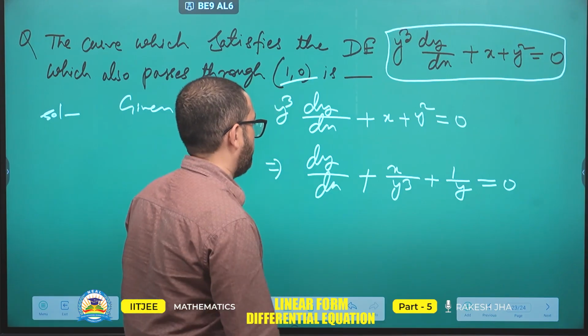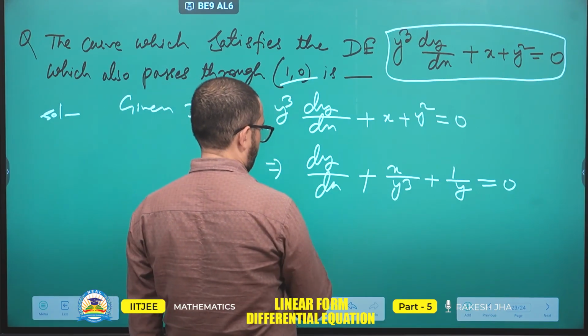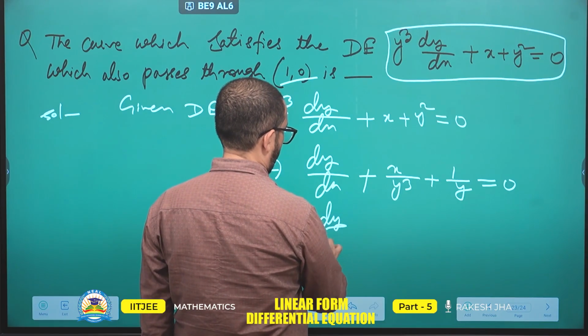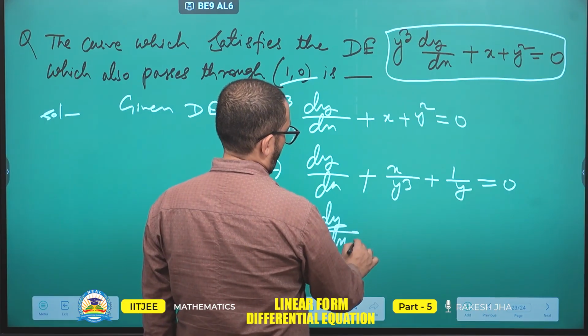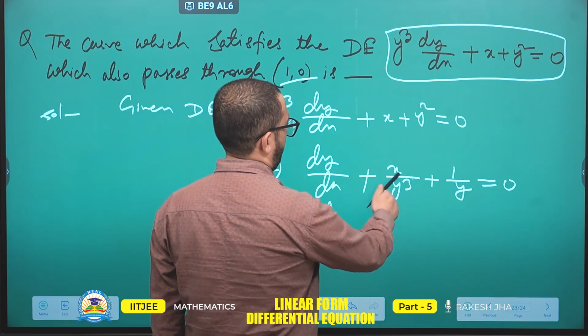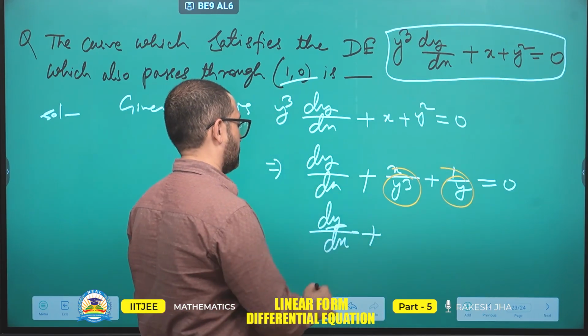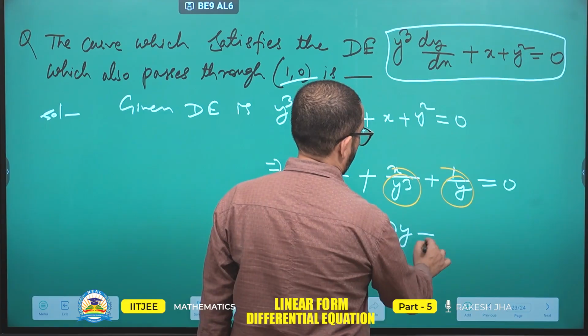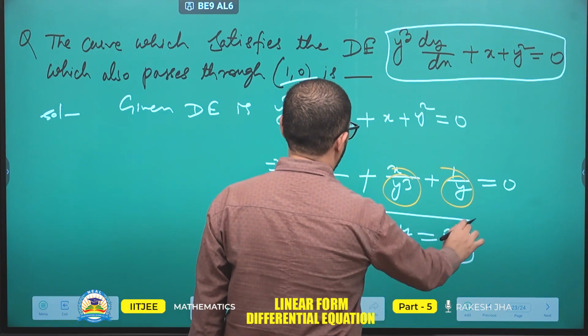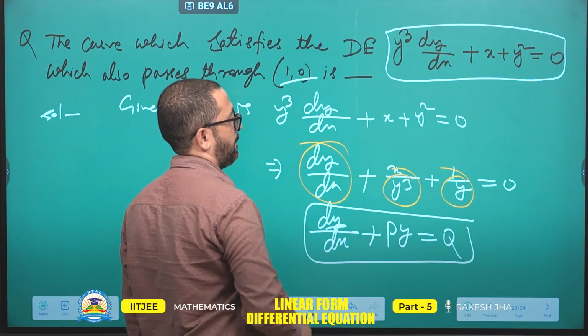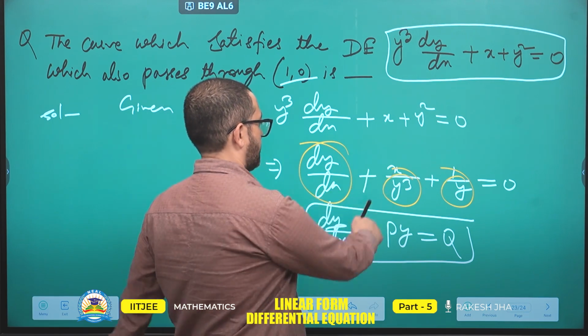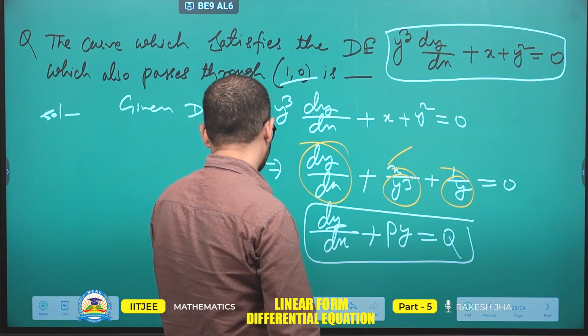Here we need the y variable in the denominator, not the x, because the actual form is dy by dx plus Py is equal to Q. Had it been dx by dy, then it's not a problem, then this x can work here.